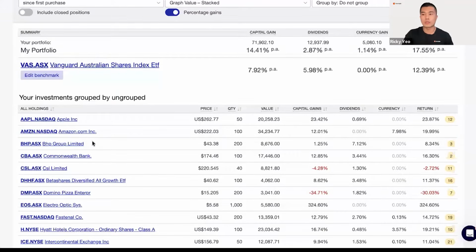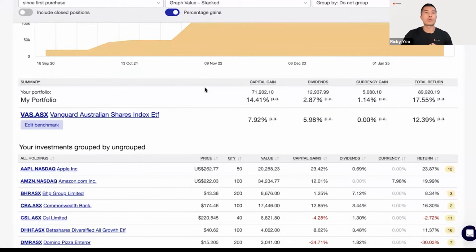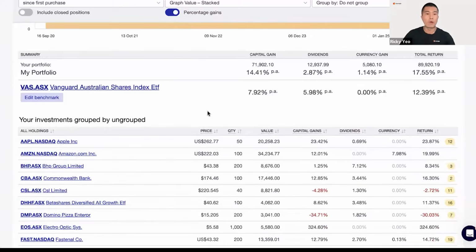Or if you have any shares that got delisted because they were privatized, acquired, or went into liquidation, then you have to add a sell trade as well. Again, if you're not too sure, just reach out to support. Corporate actions and off-market transactions will be one of the biggest causes of your quantity being wrong.